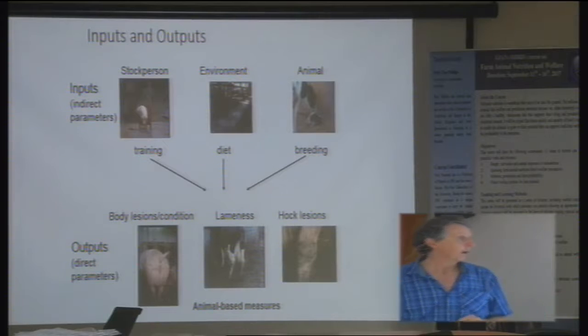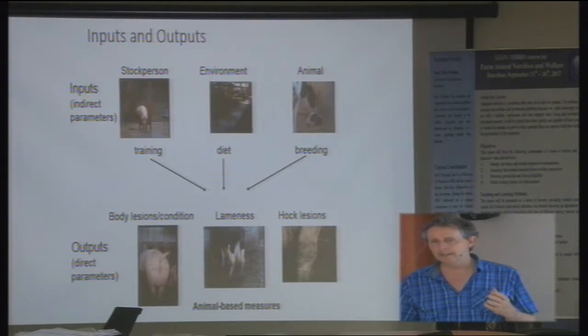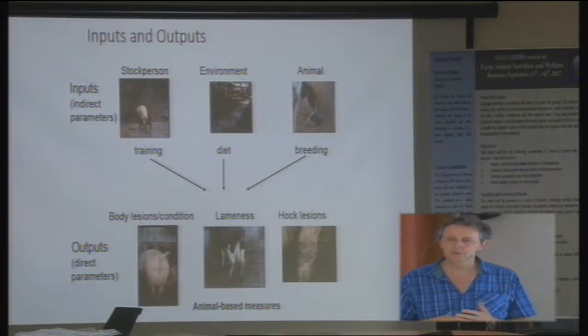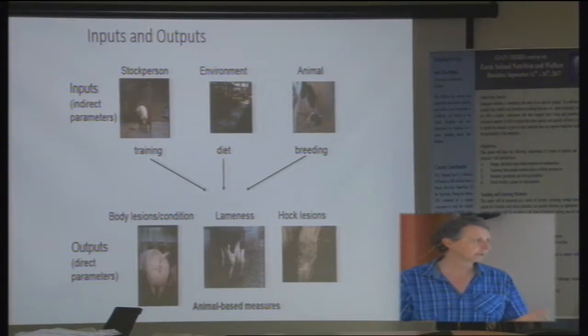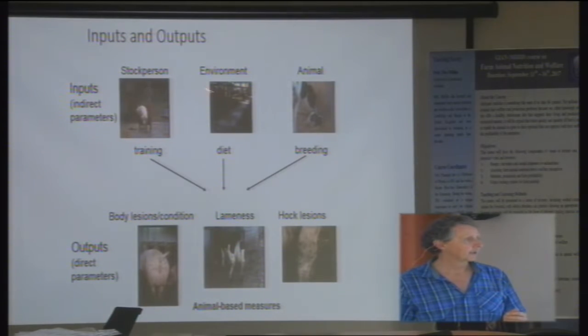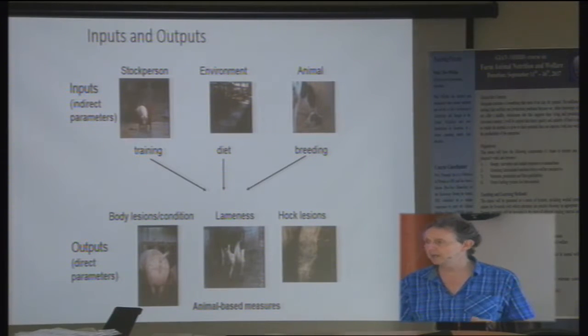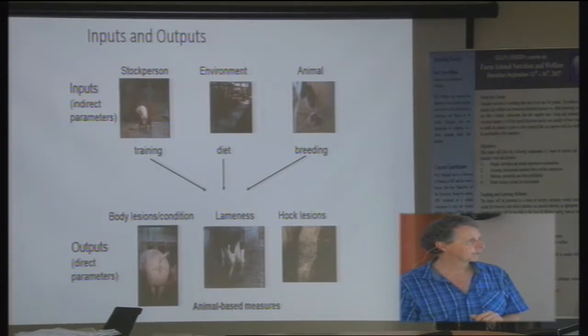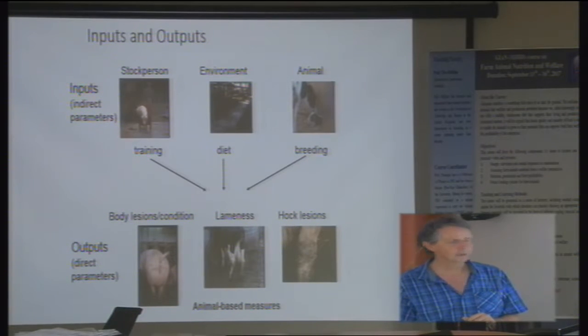So when we look for indicators of animal welfare, they may be input indicators or output indicators. So the inputs are all about the resources that the animal has, the buildings, the environment, the type of animal it is. The animal's genotype is really a resource input, and the type of stock person as well.